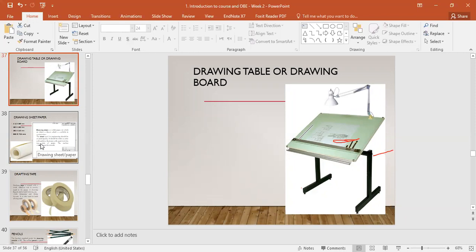If you have a table at your house, you can use that table for fixing your sheet and drawing. You can fix the sheet by using tape. Place the drawing sheet on the table and put tape on the corners.